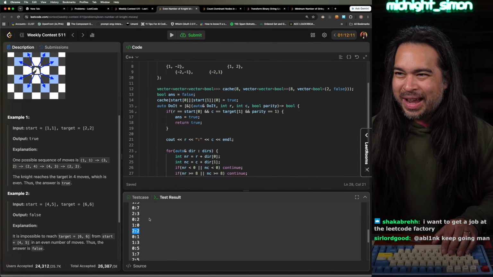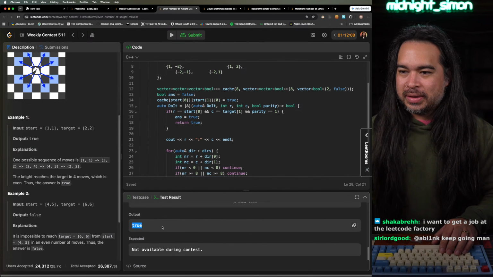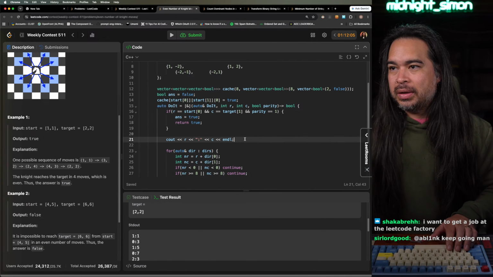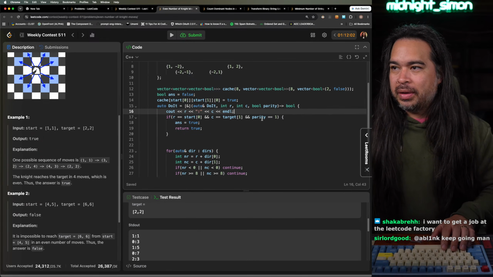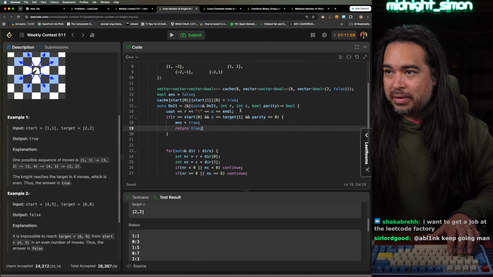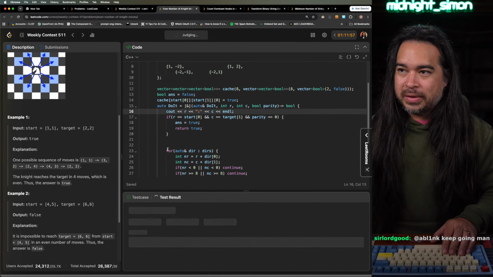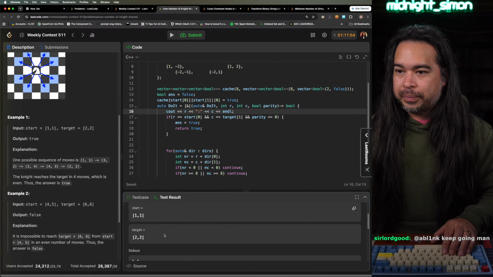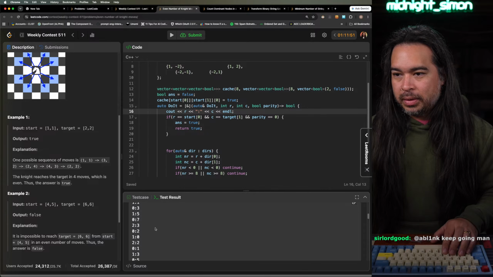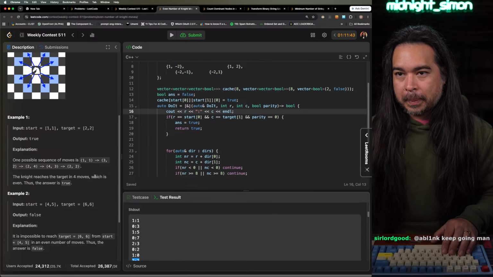Look at that 2-2 right there, man. Oh, that did say true though. Oh, you know what I should do? Forget this parity thing. I just print the RC right here in the beginning to see what's up. So 2-2 is there, for sure. I don't know how they got there. Because how do you go from 1-1? Oh, 1-1.